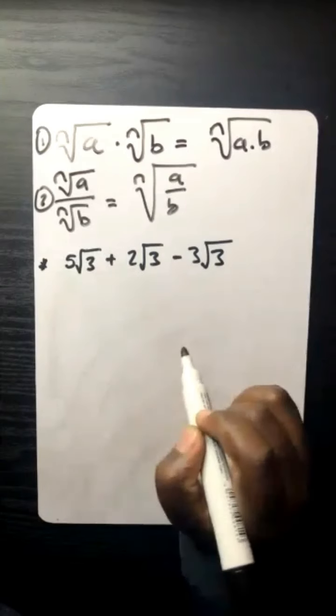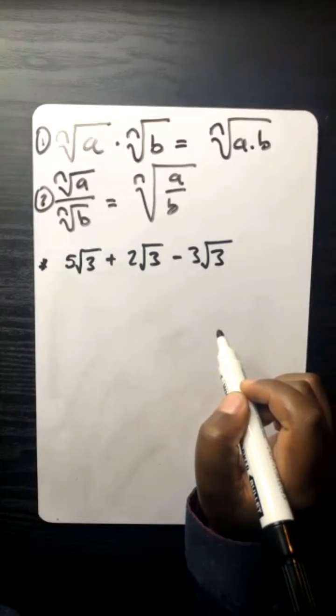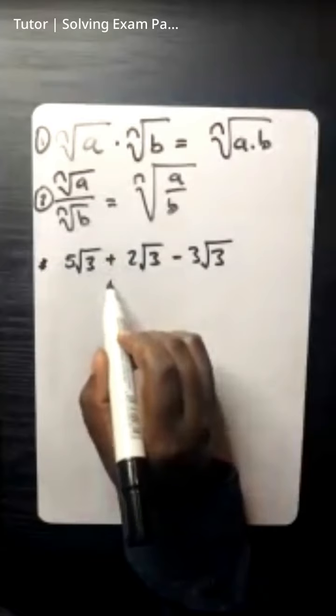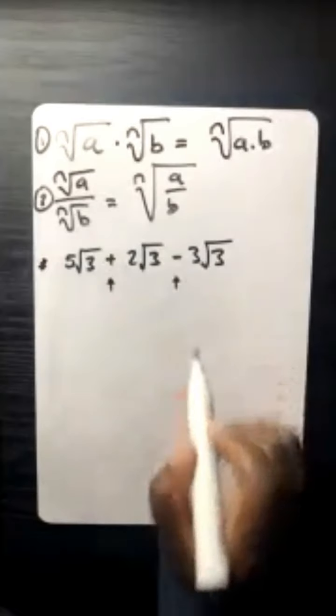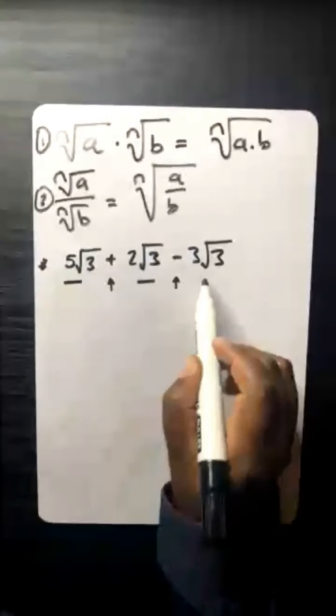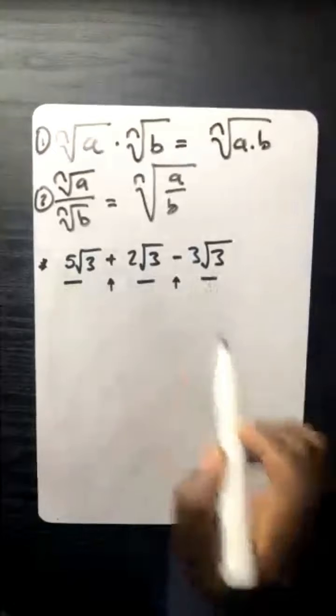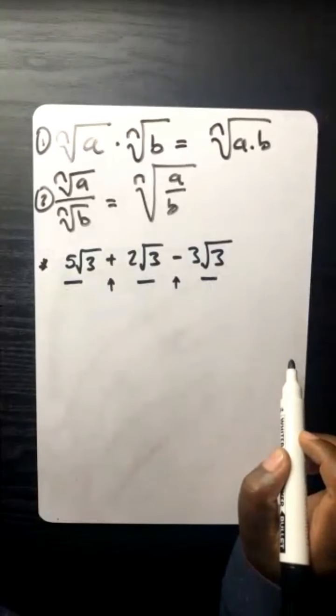How many terms do we have? 3, sir. 3 terms. So remember, guys, everyone, a term is separated by a sign of a plus or a minus. So that means we've got 1, 2, 3 terms. So in each of these terms, Shreyas, we've got a common factor.